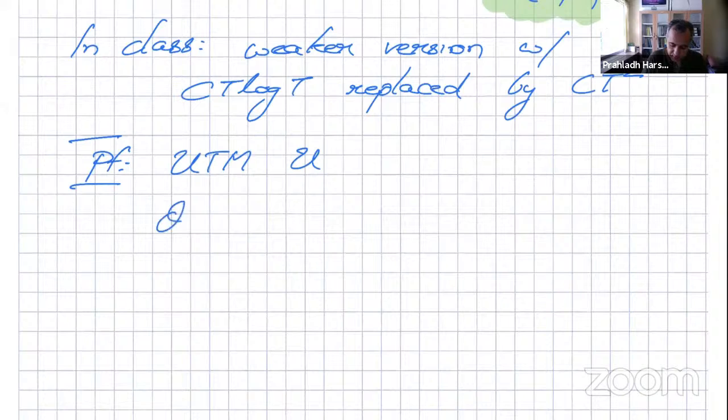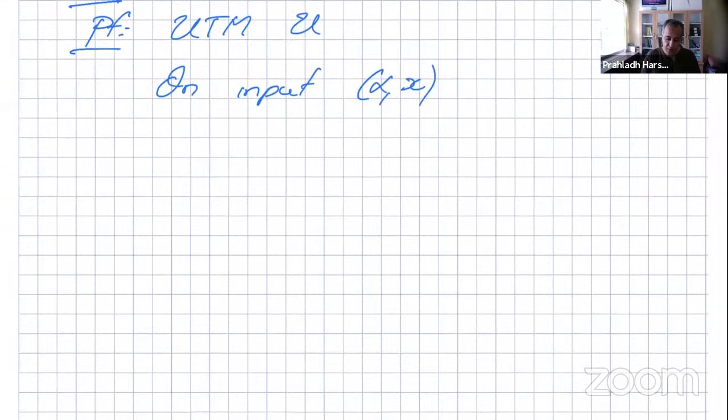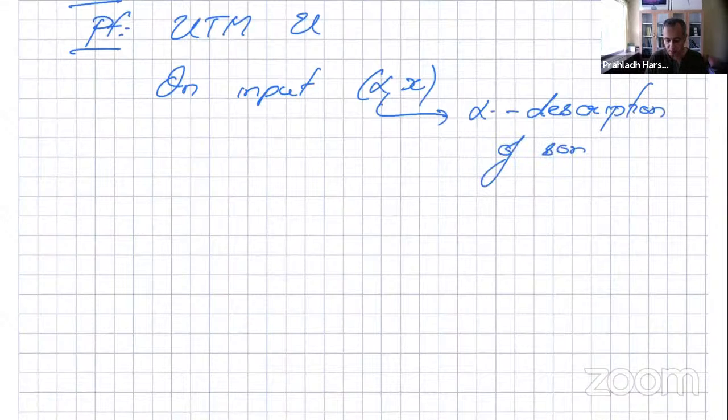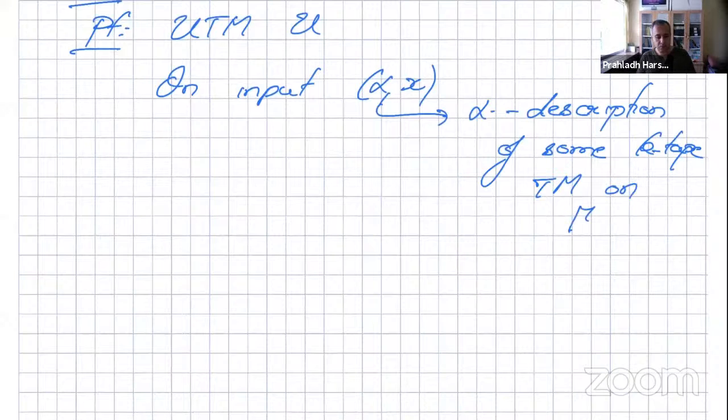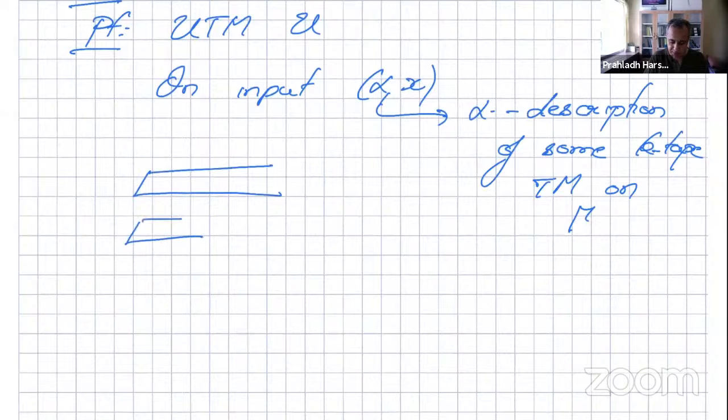The UTM gets an input alpha and x, and it now needs to run this. So how are we going to describe this? Alpha is the description of some k-tape Turing machine on some alphabet gamma. But notice, alpha could be any such thing, whereas U has been fixed a priori to have, say, some 10 tapes.